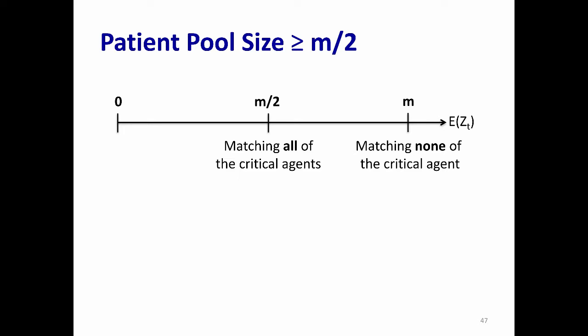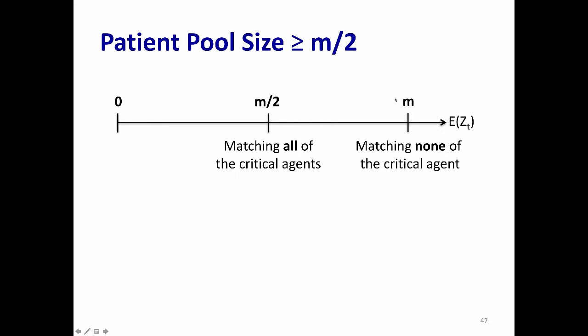So if the pool size is x, the rate at which agents leave the market is 2x. Now in a stationary state, this 2x, the departure rate, should be equal to the arrival rate, which is m. As a result, x should be equal to m over 2. Okay, so if the planner can match all critical agents, the pool size in expectation should be m over 2. If the planner can match none of the critical agents, the pool size in expectation should be equal to m.